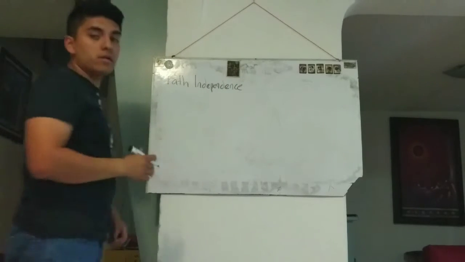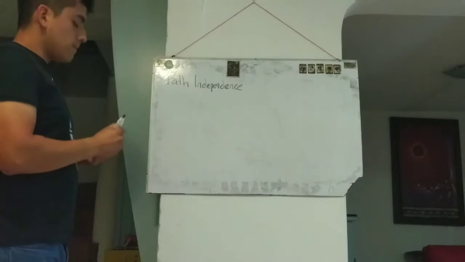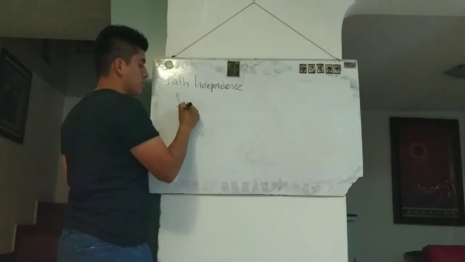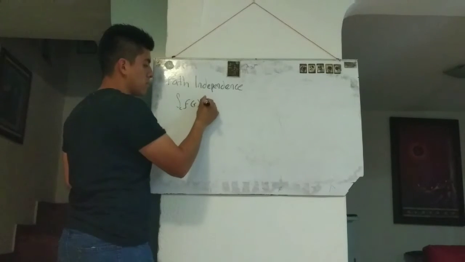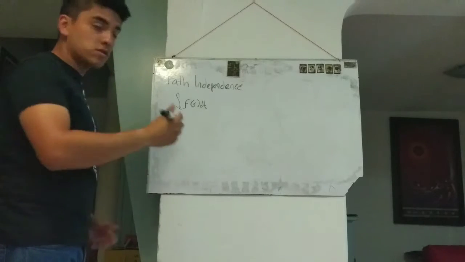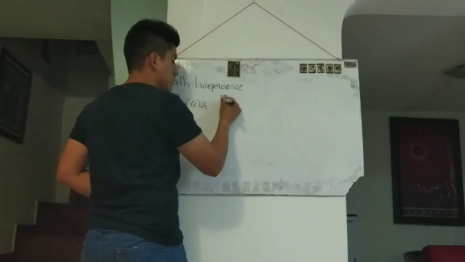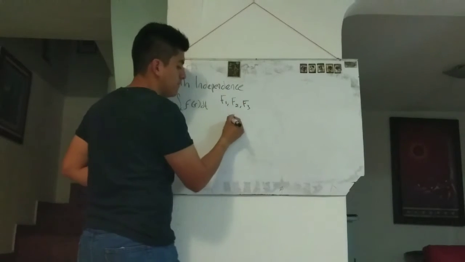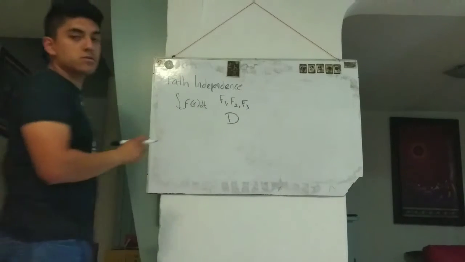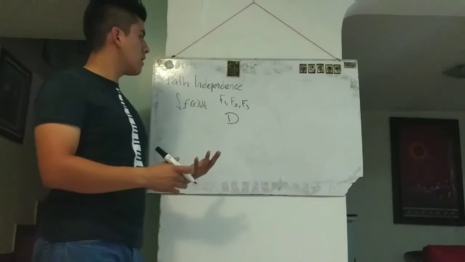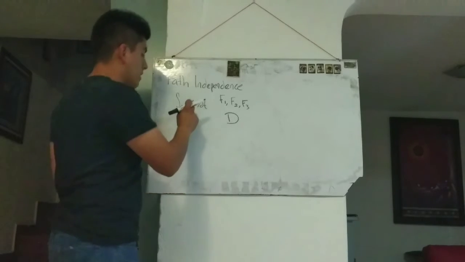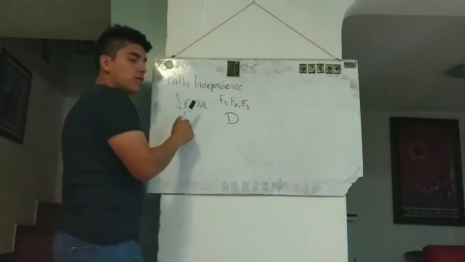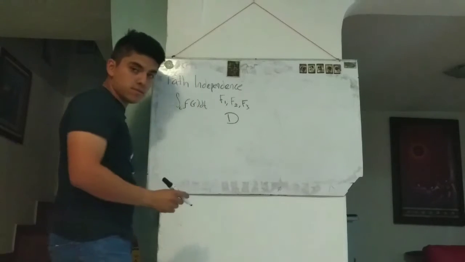And when our line integral is independent, well, when we have a line integral with continuous functions in some domain D, and these continuous functions are the gradient of some function, then and only then our integral is going to be path independent.